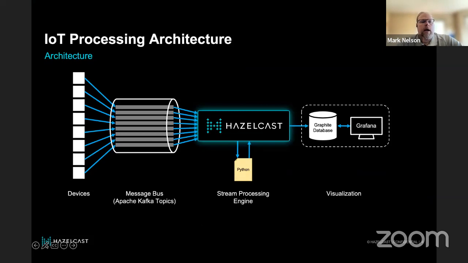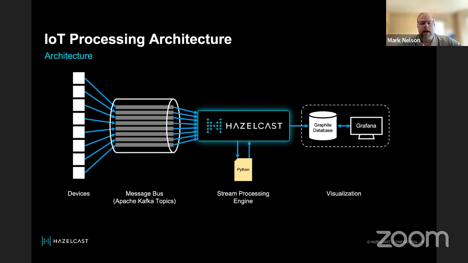With the IoT processing architecture, again, this is what we would be looking at on a theoretical level. You'd have these 8 devices connected to the person, sending data into the message bus. We were using Apache Kafka for that.